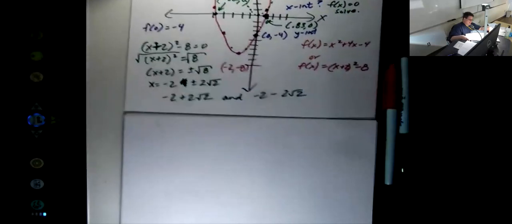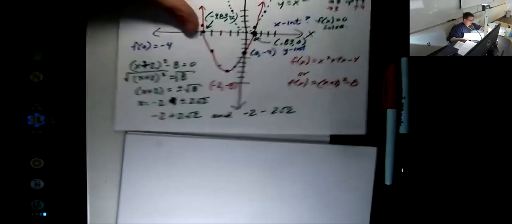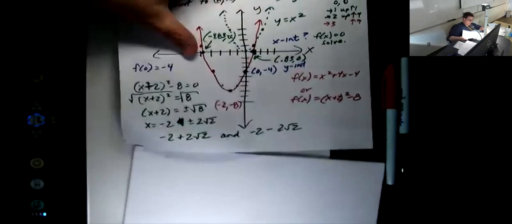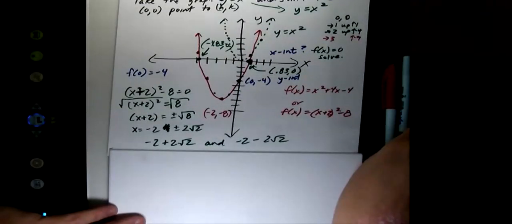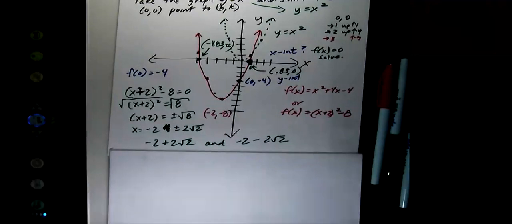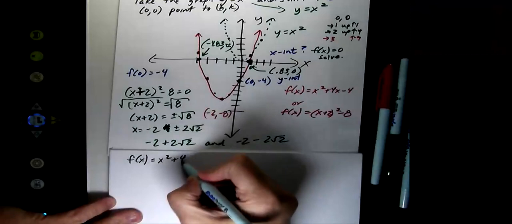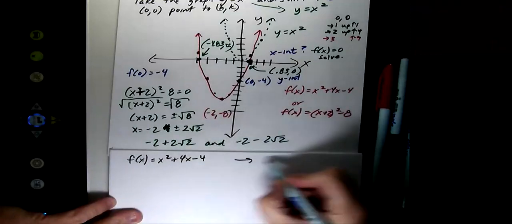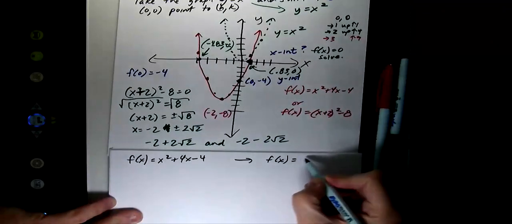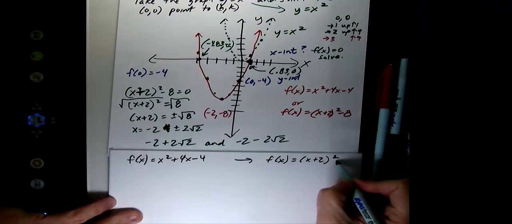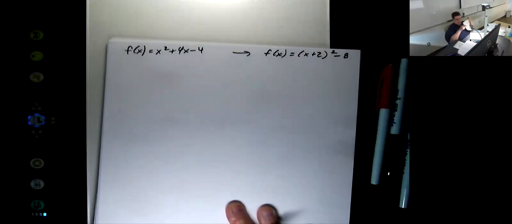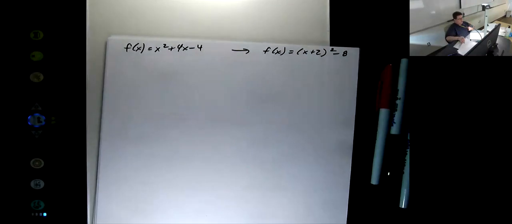And as a little reminder, how do we complete the square to get to that? We should be able to get this by completing the square. Completing the square without moving anything to the other side.